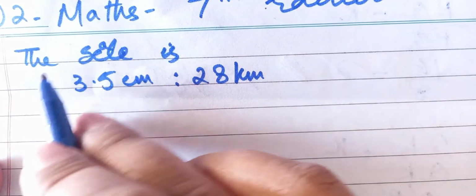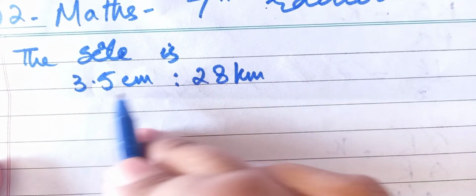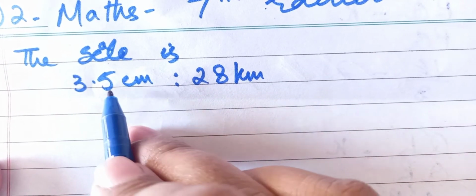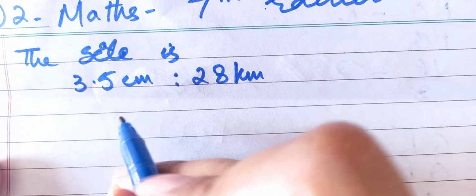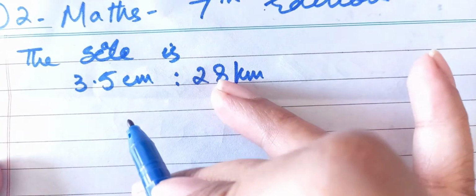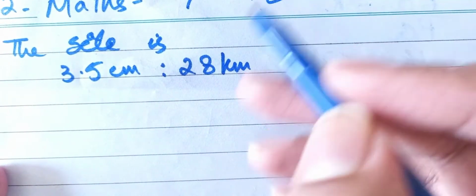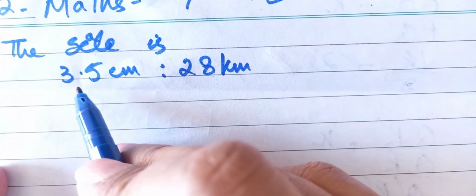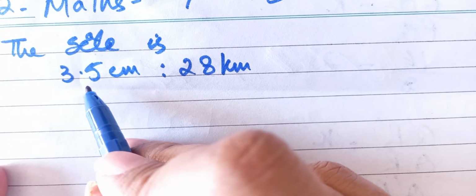Now preferably we have to simplify it. Simplify means that if they are divided by some same number, then you divide it. Now here I find out 28 is completely divisible by 3.5.